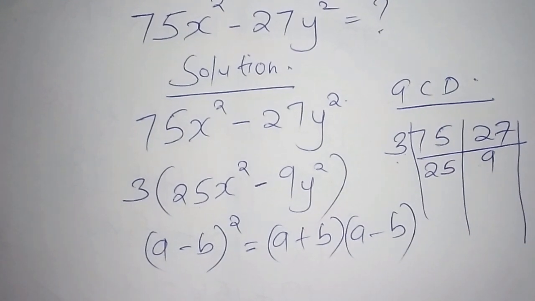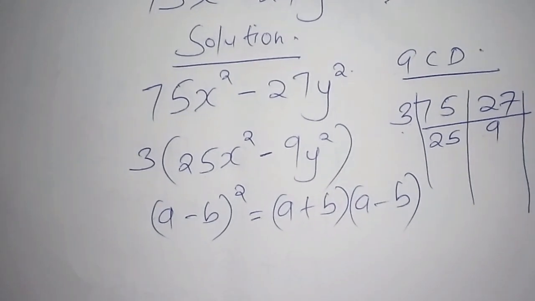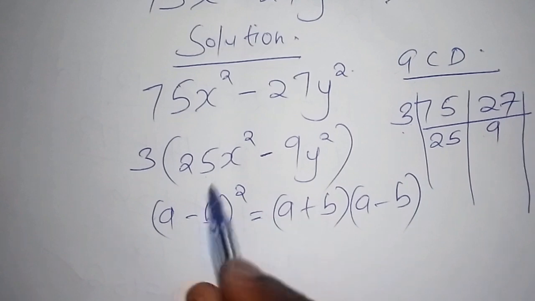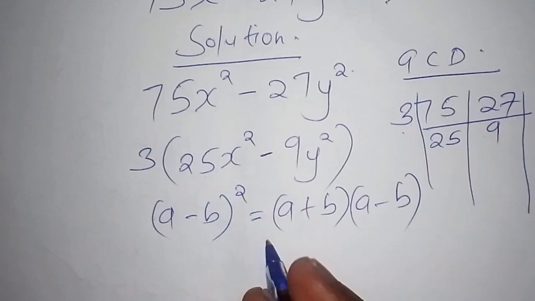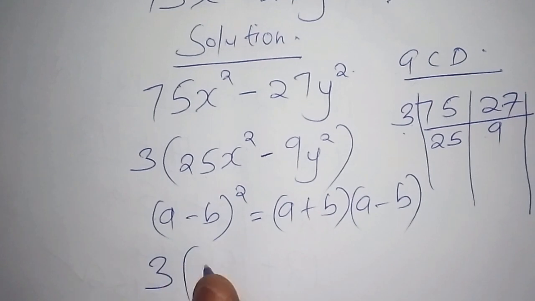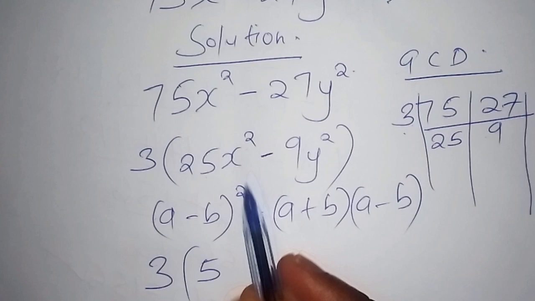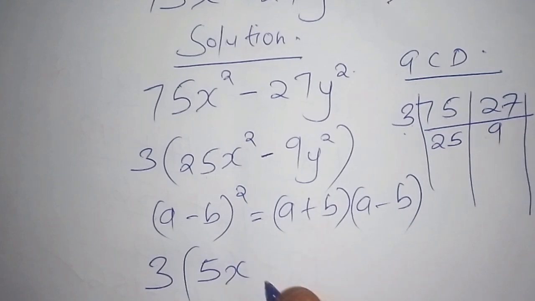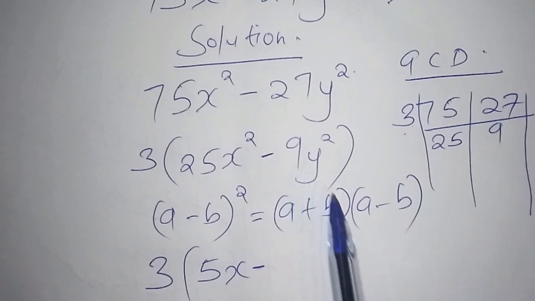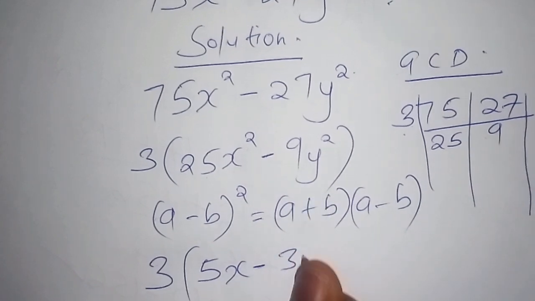Since we know all that, we need to find the square root of 25x squared minus 9y squared. The square root of 25 is 5. So here we shall have 3 into bracket, the square root of 25 is 5, then the square root of x squared is x. Then minus, the square root of 9 is 3, then the square root of y squared is y.